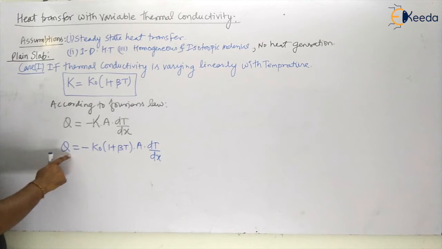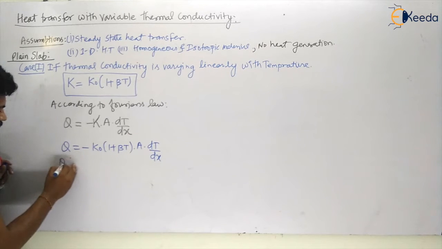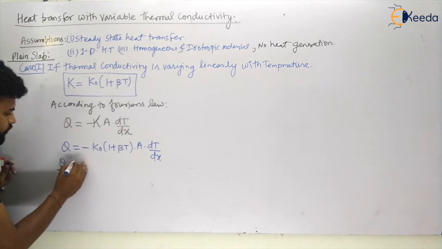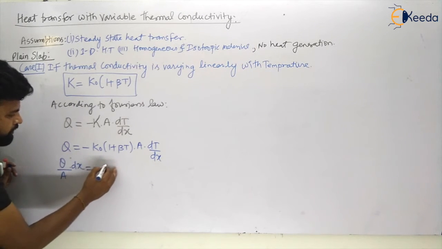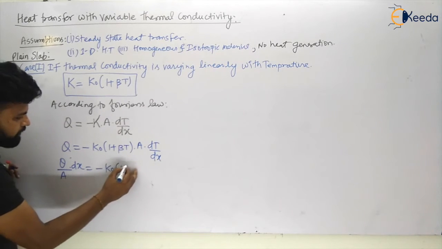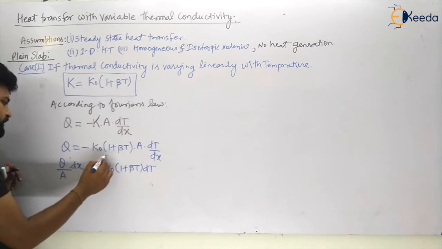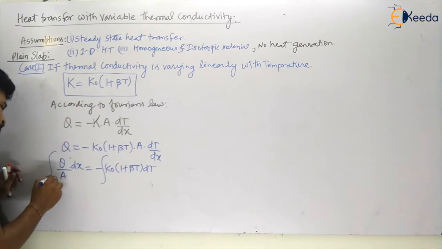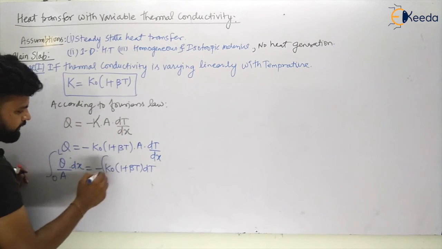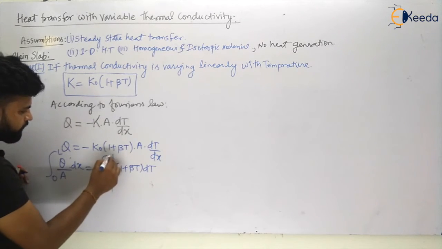So it will become Q by A into dx is equal to minus K naught 1 plus beta T into dT. And let us integrate x from 0 to L and integrate T from T1 to T2.